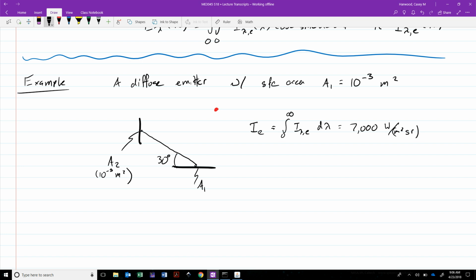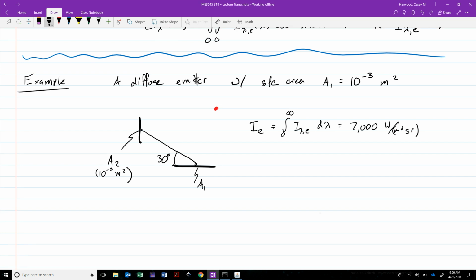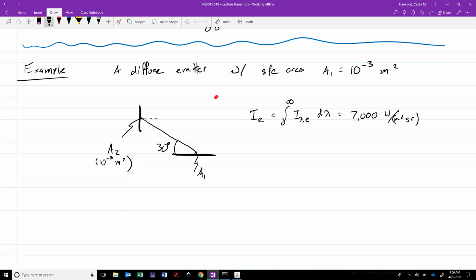So understand that we just did the integration across all wavelengths first. So this is the sum energy across the entire band of electromagnetism. So we could do a quick sketch here. This is also 30 degrees.